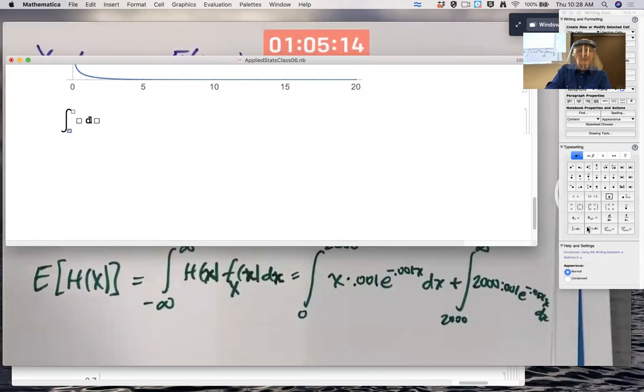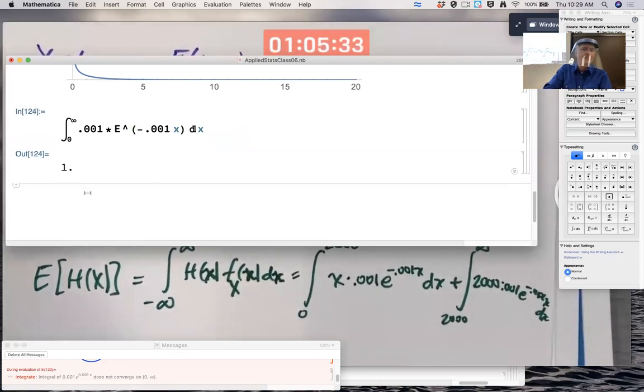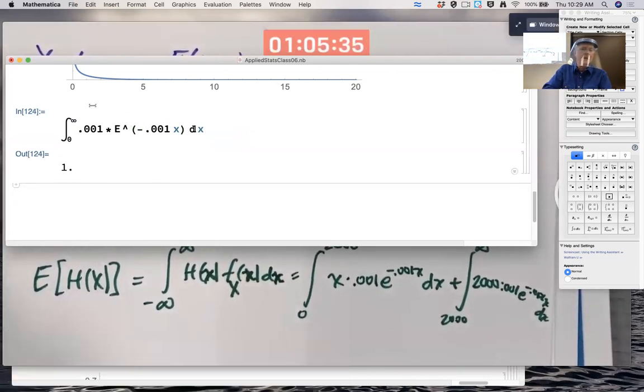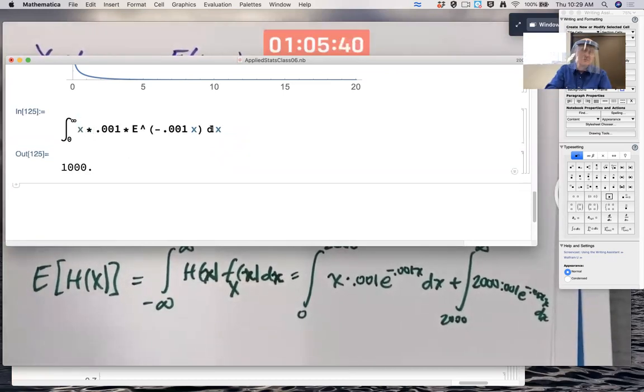The integral from 0 to infinity of 0.001 times e to the negative 0.001 x. Okay, this is just the PDF, so this integral is going to be 1. Integral of x times that is going to be the mean, 1000.